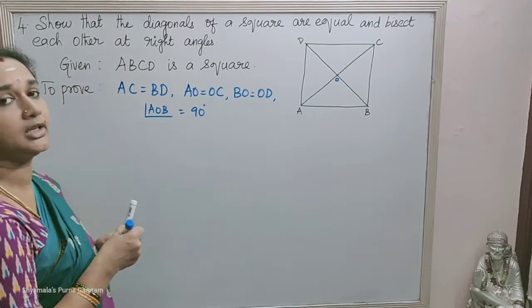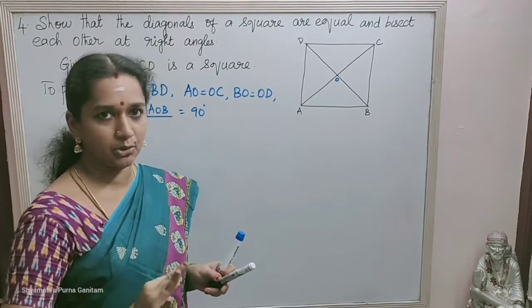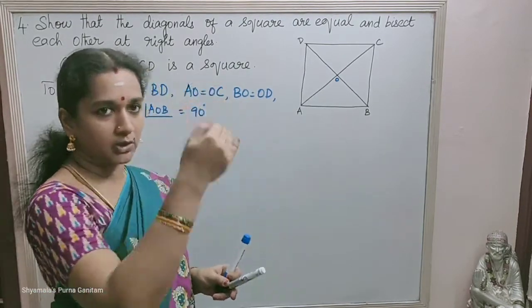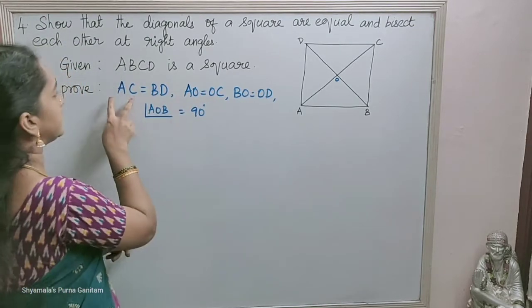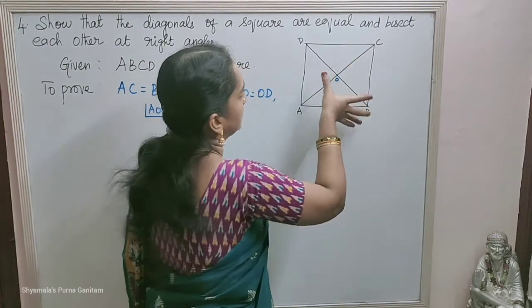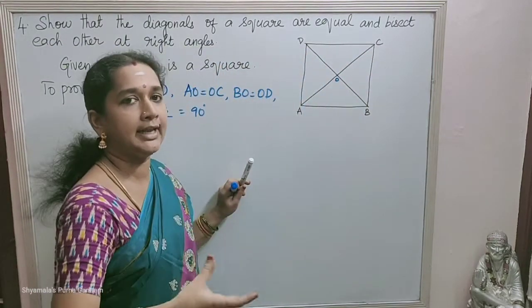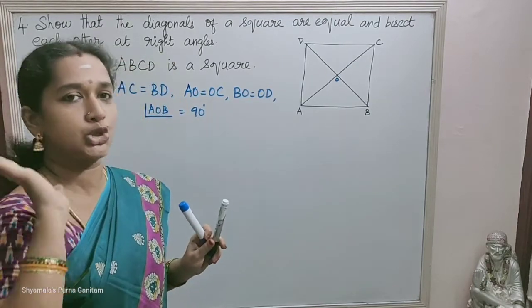Now, we will give the proof for this. Three different sets of triangles we have to take, according to whatever we are proving. Here it is given AC is equal to BD. AC is this one, BD is this one. So, we will take the triangles where we get those two lines.